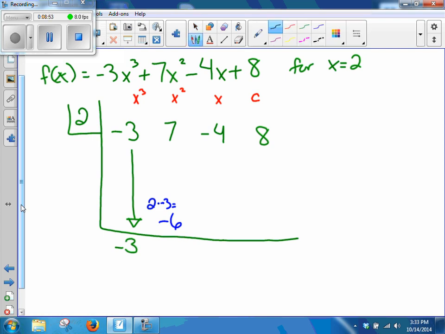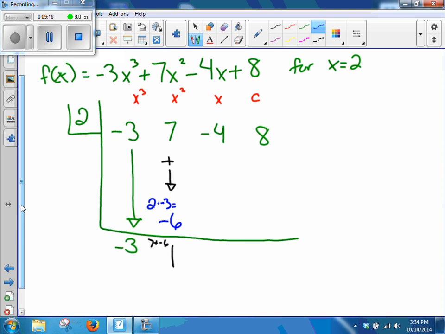Okay, so now my next step is to simply add straight down. So I'm going to take 7 plus negative 6, and I'm going to get a 1. Again, you don't need to write those numbers. I'm just trying to show you what you're doing. Okay? All right, so I'm basically done with that first column. Now I'm going to move on to the next one.